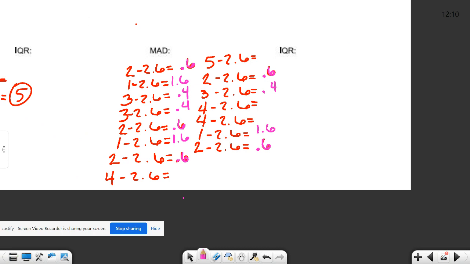All y'all have a calculator, so all y'all can be doing this. 1 and 4/10. And last but not least, 5 minus 2.6. 2 and 4/10.